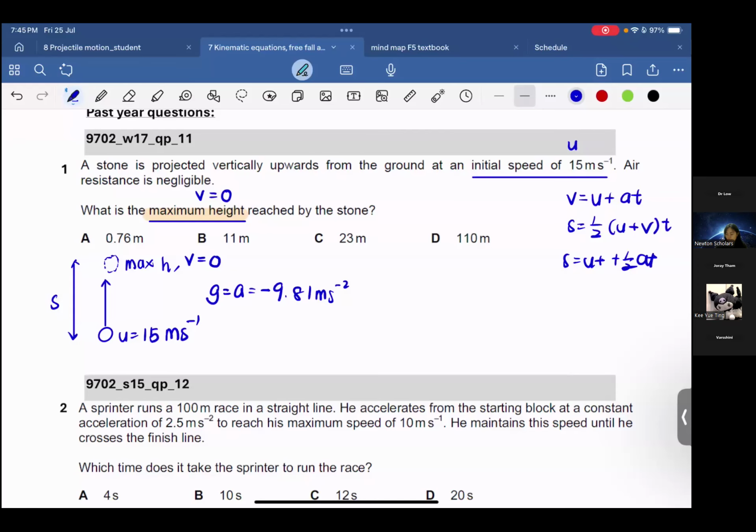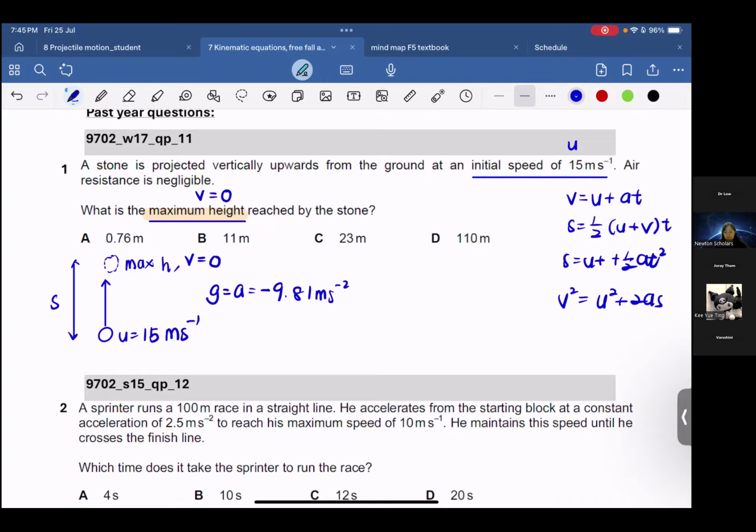S equals 1 over 2 times U plus V times T. S equals UT plus 1 over 2 AT squared. V squared equals U squared plus 2AS. Please try to identify which formula you are going to use. UVAS. Then I want you to calculate and tell me your answer.